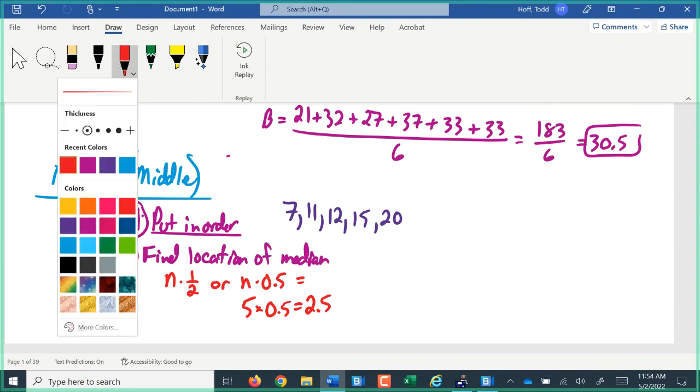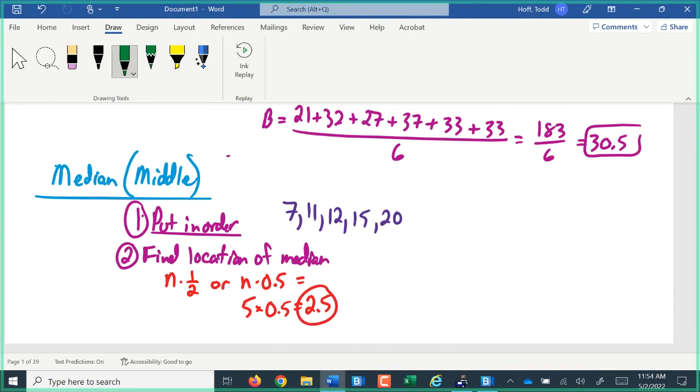Since that number is a decimal, we round up to the third number in the list. So we look at our list, 1, 2, 3, 12 is the median for that data set.